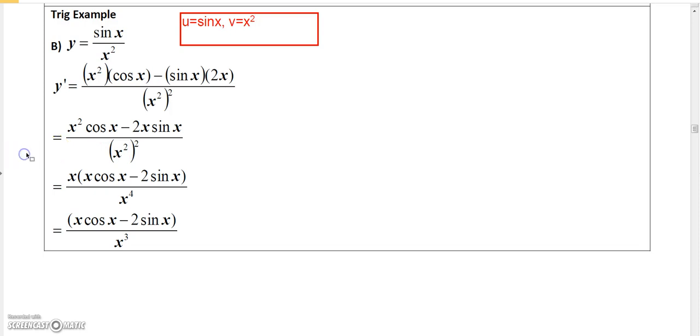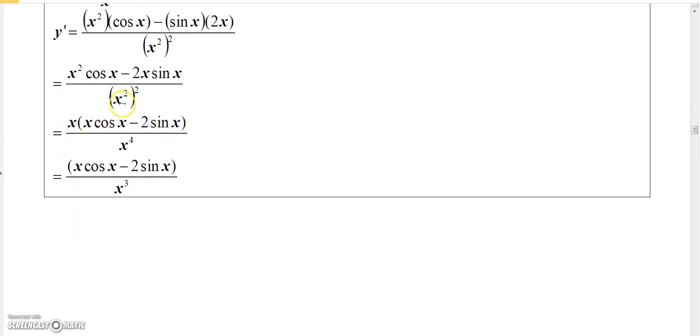All right, but then one of the things that we can do here is we can actually simplify this a little bit. Notice that in the numerator I have a common factor of x here and here. So if I factor that x out, that'll leave me with x cosine x minus 2 sine x, and then I'll have an x here and an x to the fourth in the denominator.